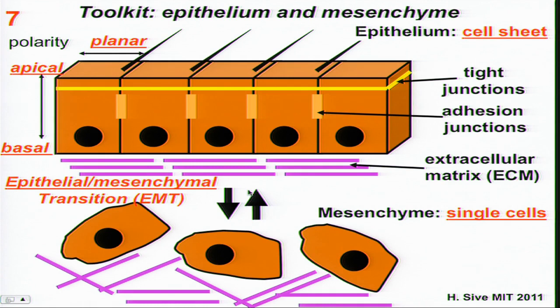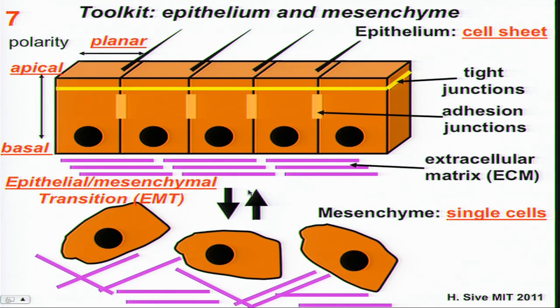This process of epithelial mesenchymal transition or mesenchymal epithelial transition is very important in cancer. Tumors usually start off as epithelia and they become metastatic. They disperse throughout the body when they become mesenchymal, or when they give off single cells which can migrate and establish the tumor somewhere else. So this process is crucial both in building organs and in cancer biology.